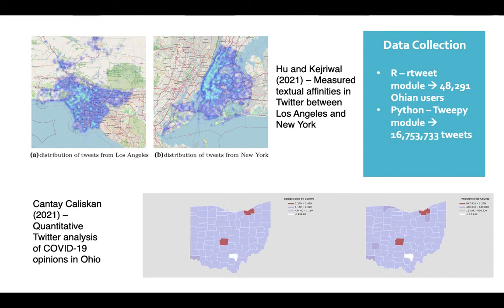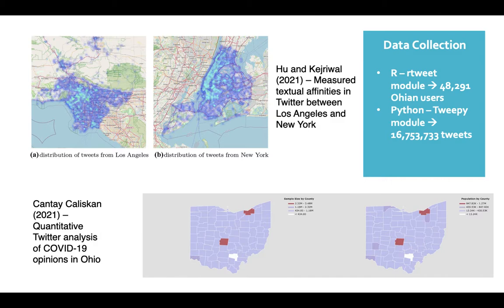And in this study, Caliscan's looking at how the pandemic has affected Ohioans' perception of the Republican Party. And the study at the top by Hu and Kurjiwal is looking to measure the textual affinities in Twitter between Los Angeles and New York. So basically whether tweets from similar locations will be topically similar.